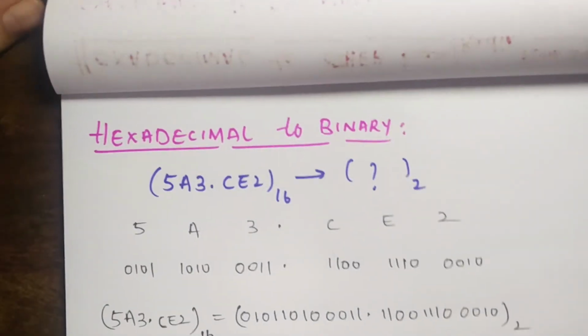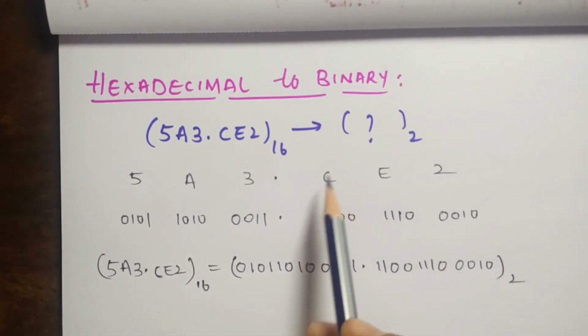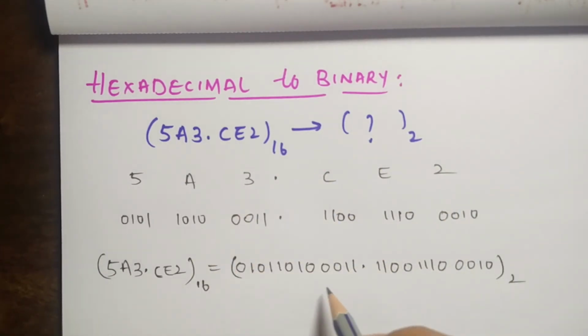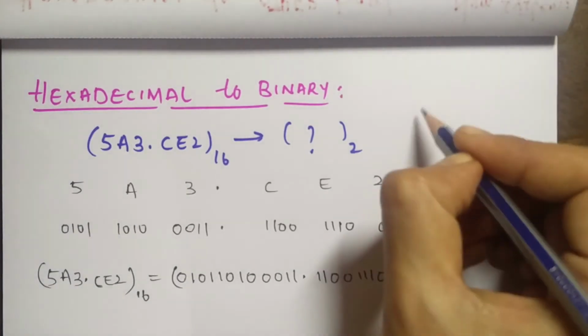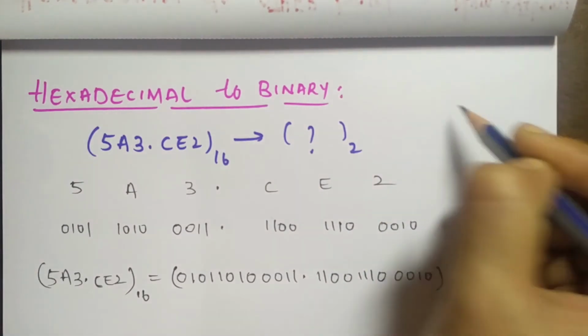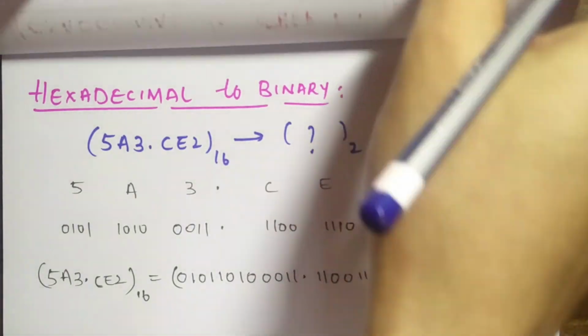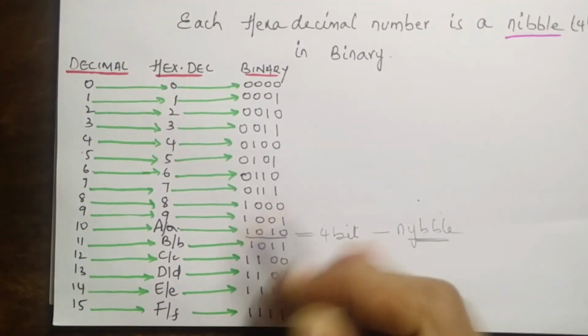Now, let us see hexadecimal to binary. Here, you just have to write the hexadecimal values in their binary form, and it would be better if you just remember those hexadecimal equivalents in binary like I showed you.